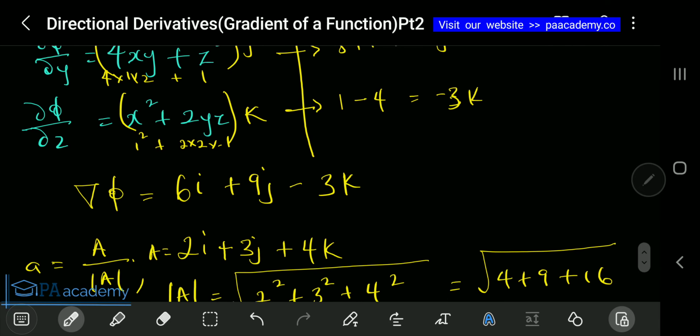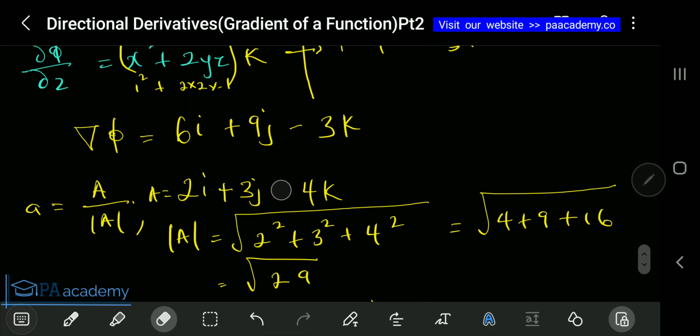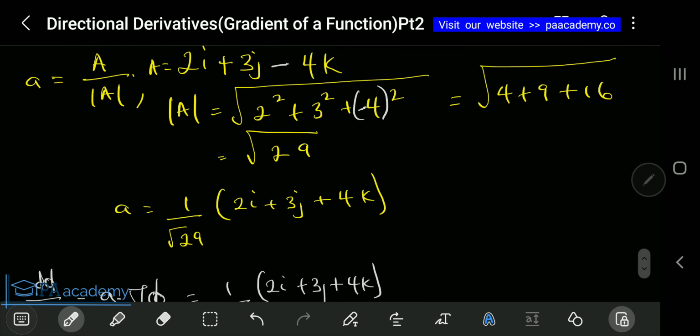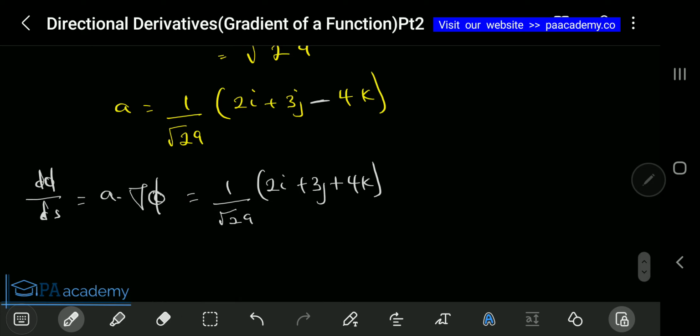I think I missed the sign here. If we put it in brackets as minus 4k all squared, it will still be 16, so that didn't affect the magnitude. So let me just correct this: it is minus 4k here, and this will also be minus. Take note of that. Alright, so now let's continue.